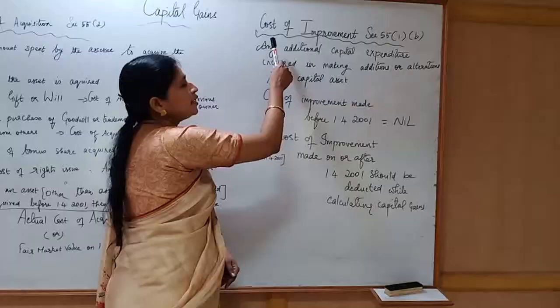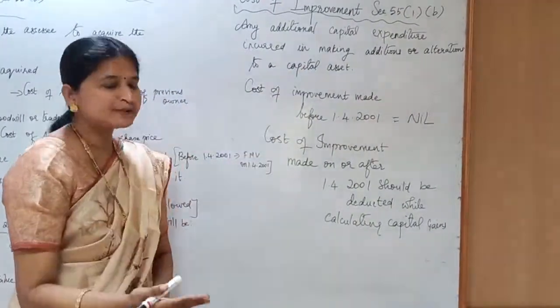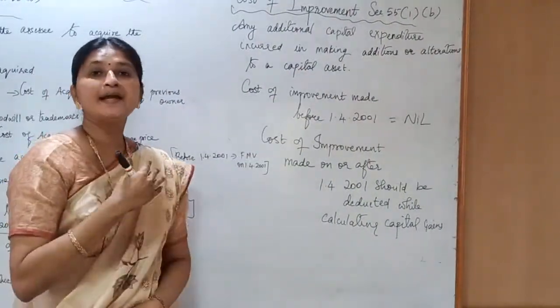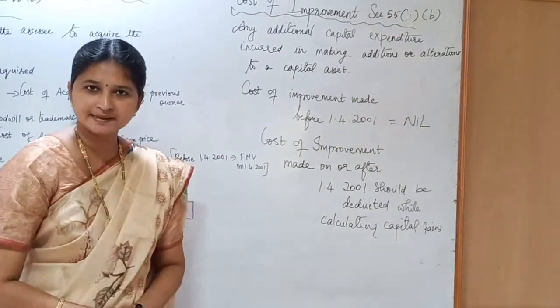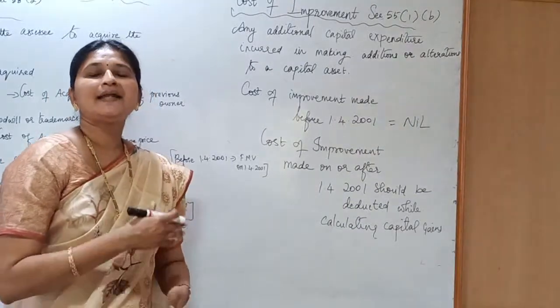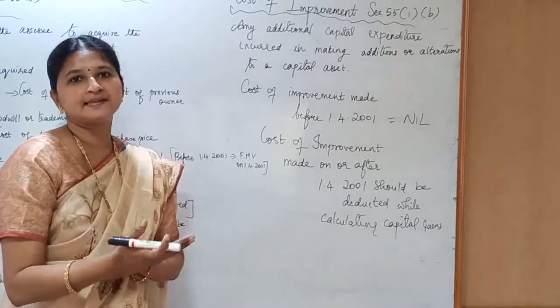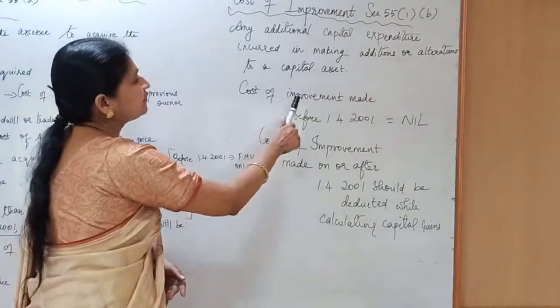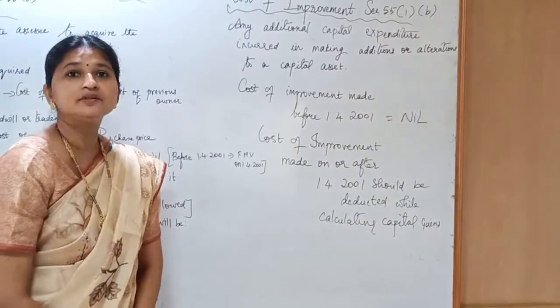Cost of improvement. Any additional capital expenditure incurred in making additions or alterations to a capital asset is called capital expenditure. It may be by adding a veranda or an extra bedroom or bathroom, etc. And cost of improvement made before 1/4/2001 is nil.